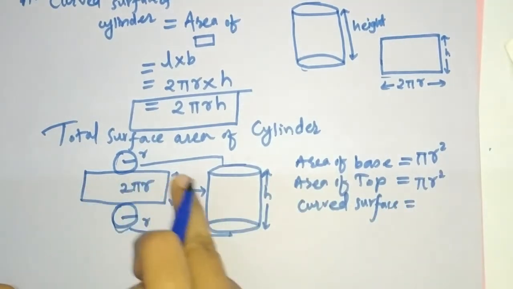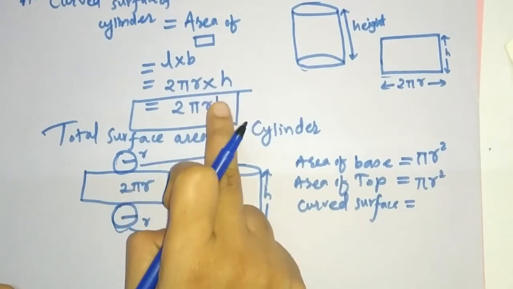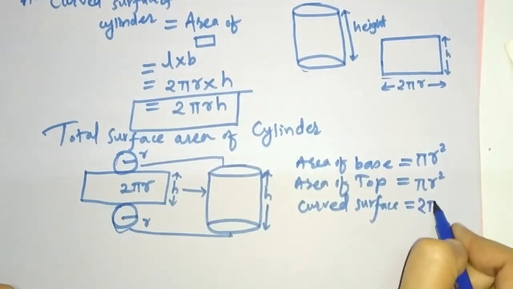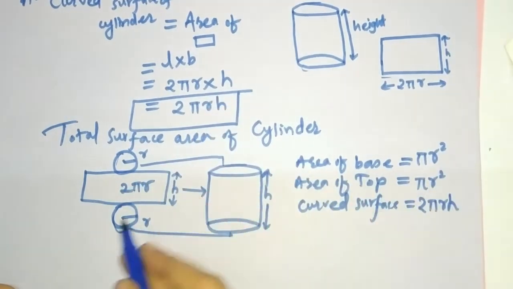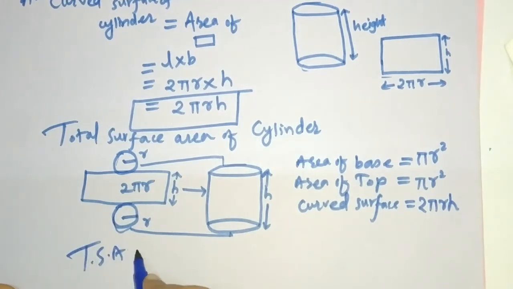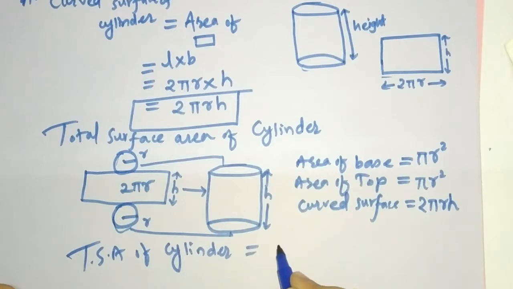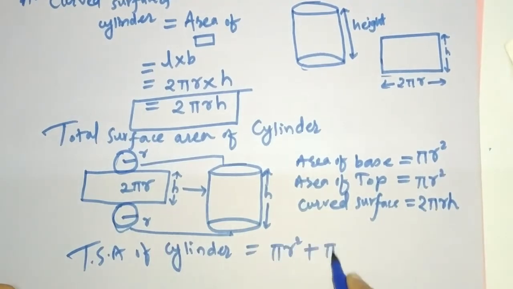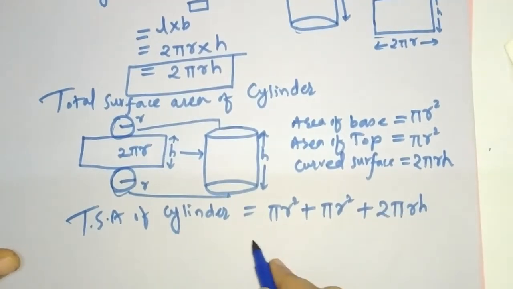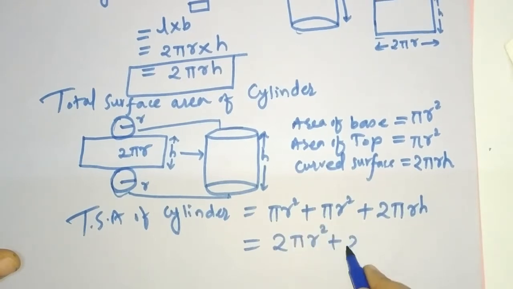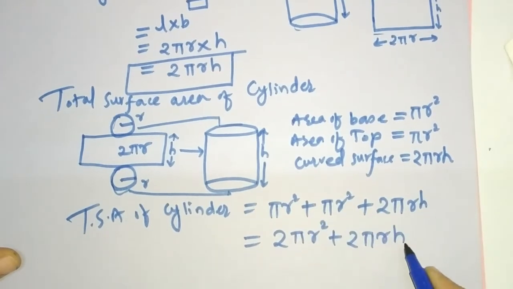And the curved surface area is the rectangle, which is 2 pi r h. So TSA of a cylinder is pi r square plus pi r square plus 2 pi r h. Pi r square two times, so you can write 2 pi r square plus 2 pi r h.